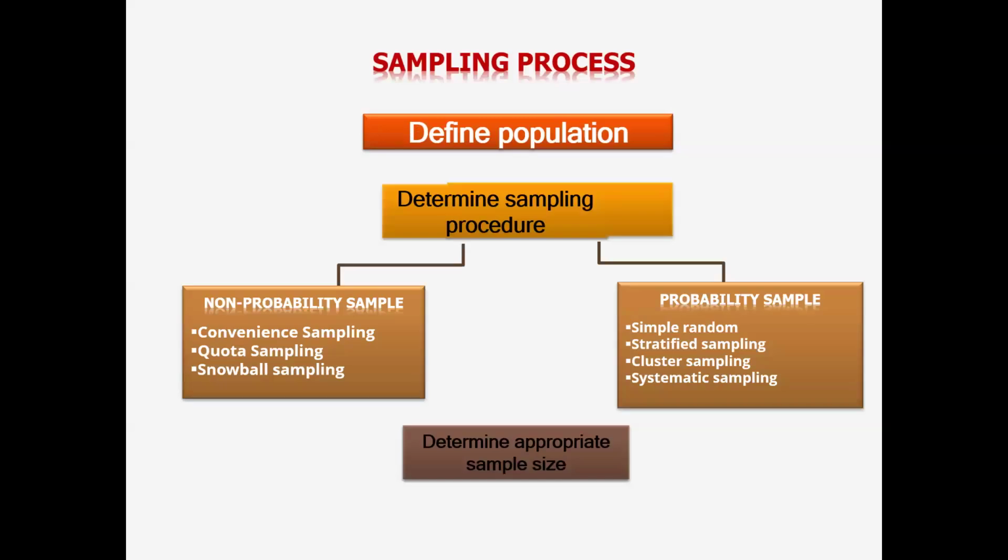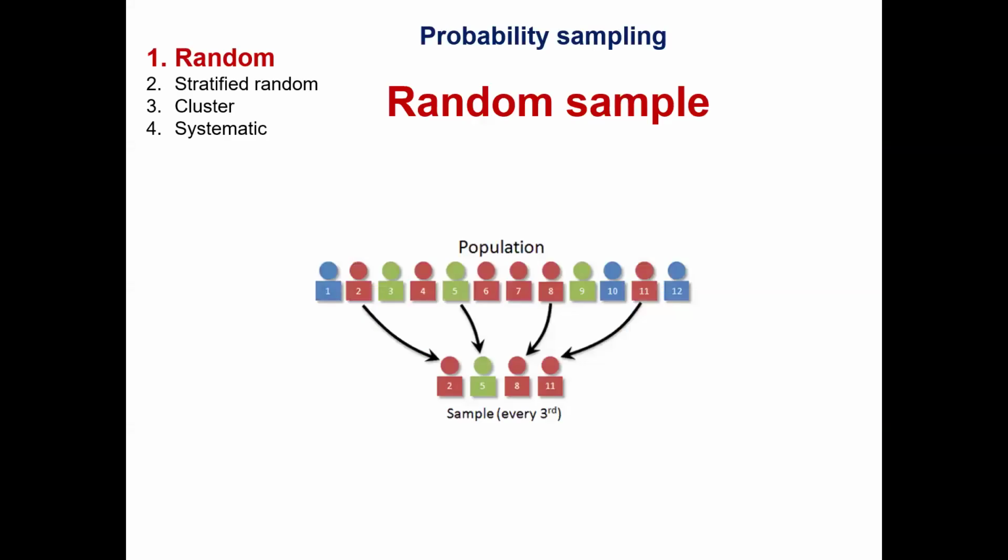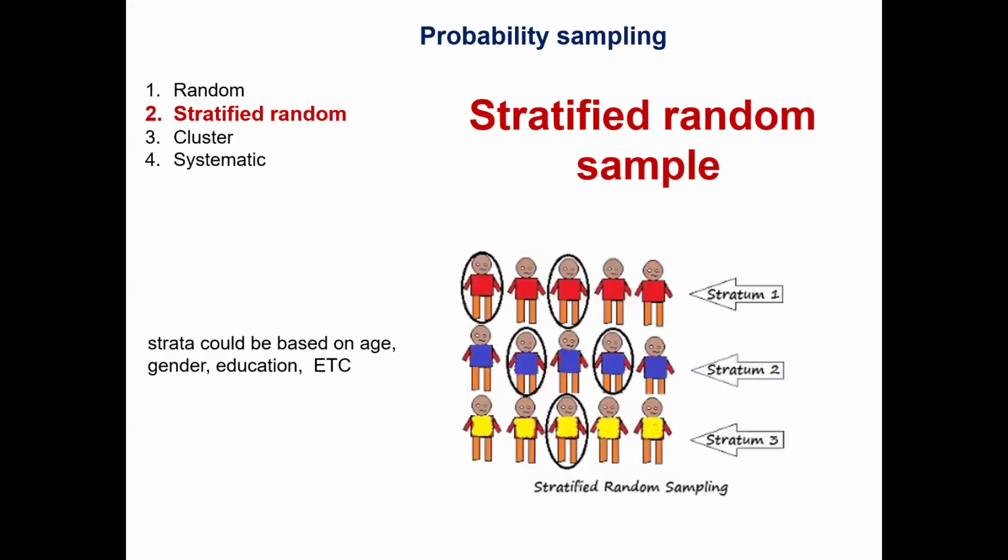But on the other hand, the probability sample is more specific and more representative of the population that we want to study, and that's why we have some of them called a random sample. If we have students, for example, in class 6 or in semester 4, and you are randomly selecting some of them, this is a randomized sample, and it could represent the whole population of class 6 or semester 4.